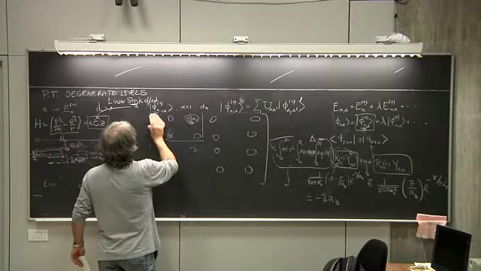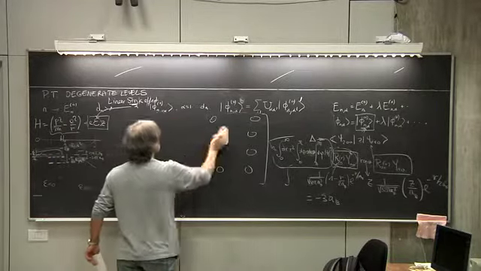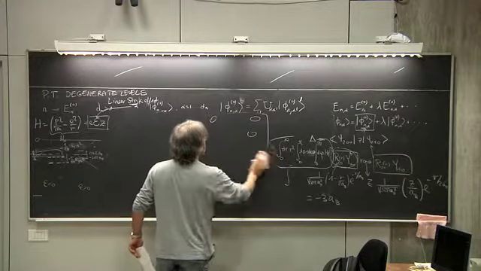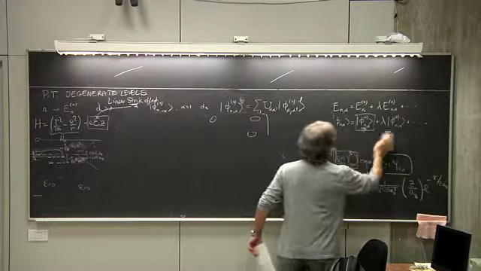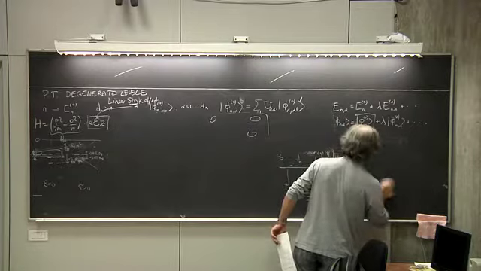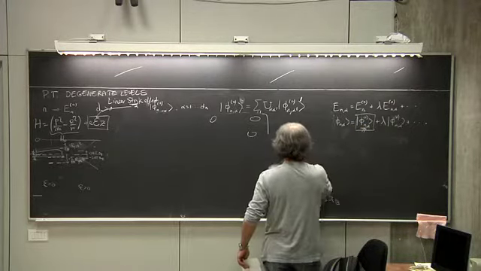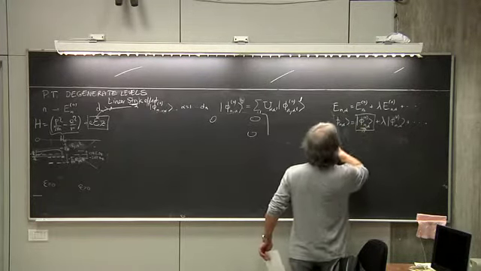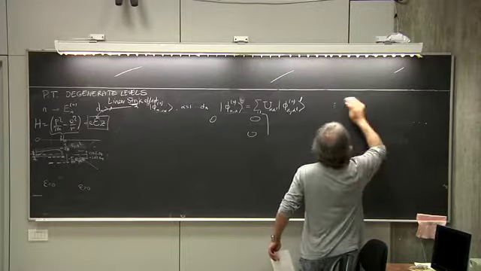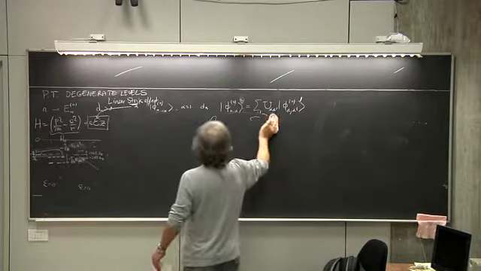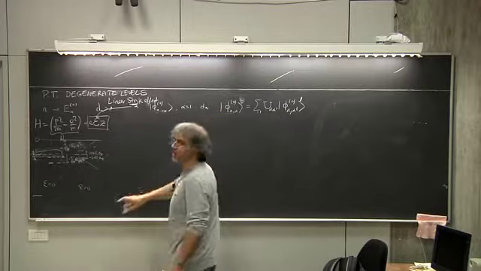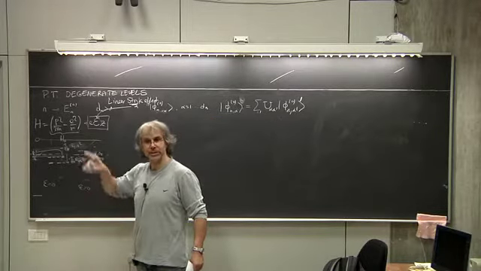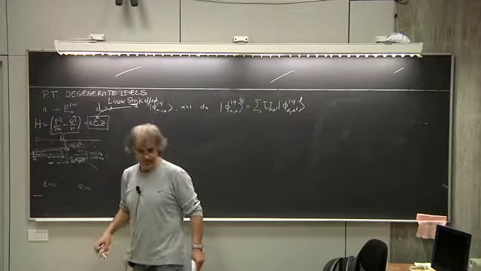It's slightly more complicated now, but the spirit is the same. It is still a perturbation which acts in a degenerate subspace, and I should write a matrix to diagonalize.